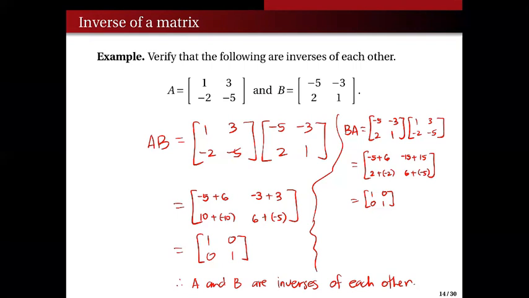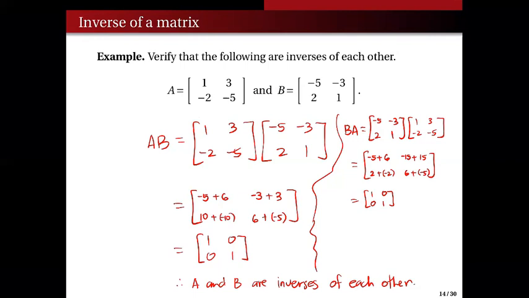Question? Now, in here you have two 2 by 2 matrices, and you are asked to verify if they are inverses of each other. So our goal is, how do we find an inverse of a matrix if it exists?